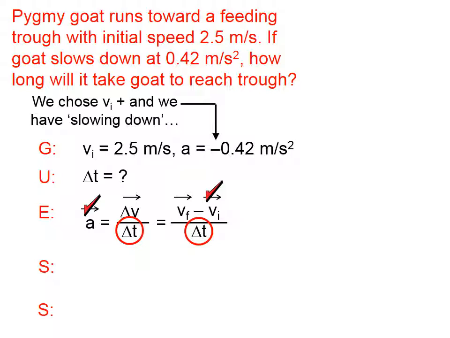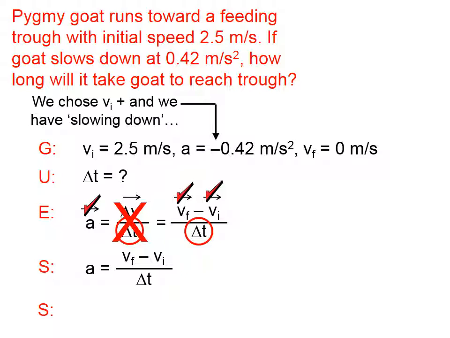Well, we're missing some variables, so now we have to think a little bit, and we have to say to ourselves, wait a minute, the goat will come to a stop before he feeds. So the final velocity is going to be 0 meters per second. Now we're ready to forget that part of the equation and simply go with the rest of it.